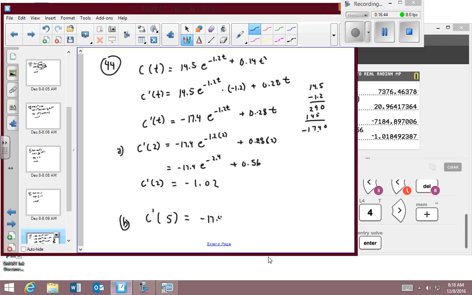Negative 17.4 e to the negative 1.25 plus 4.28.